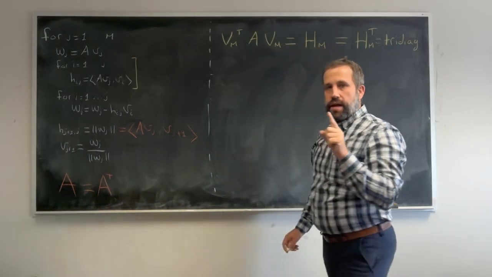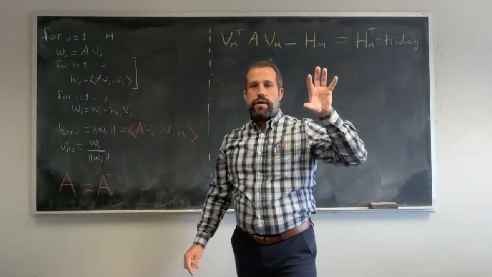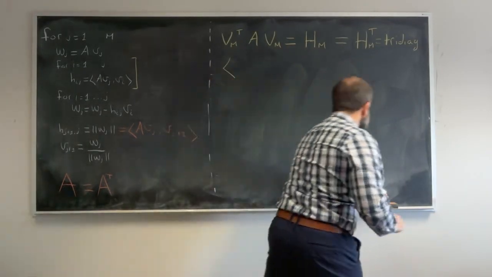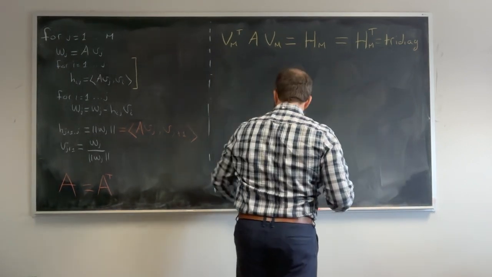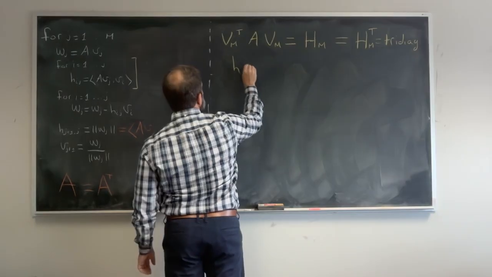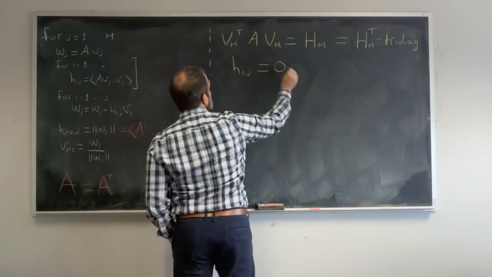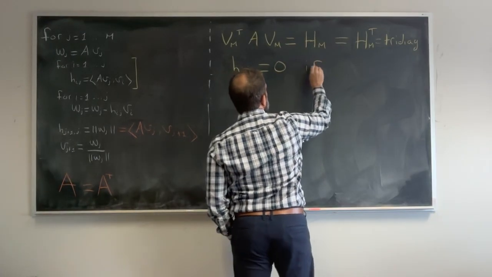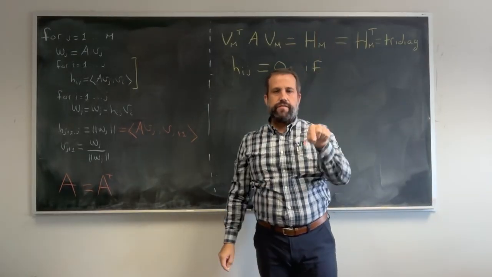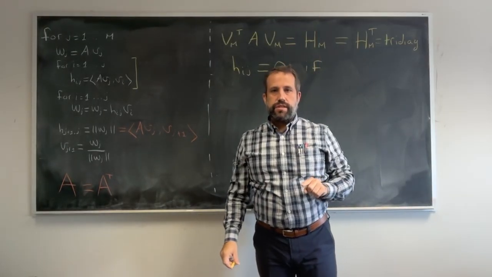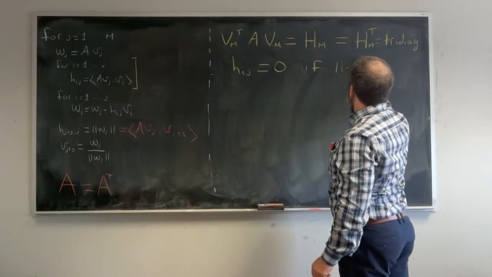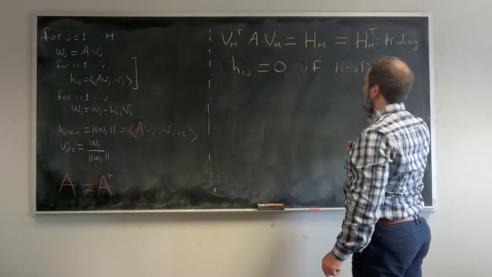But if H is tridiagonal, think about what's going to happen. Hij, that is the ij entry, is going to be equal to 0. Okay, so think about j as being fixed, the column j is being fixed. This is going to be equal to 0 if the absolute value of i minus j is greater than 1.